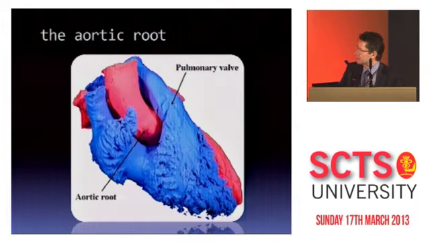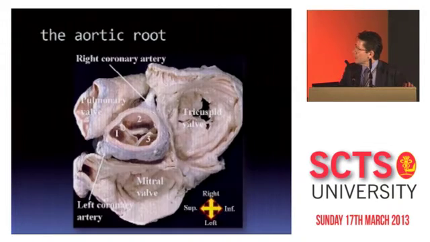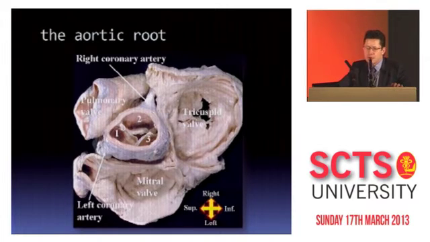As you can see, the aortic root is the centerpiece of the heart, as it were. It's hidden deep behind the pulmonary valve and right ventricular outflow tract, or the infundibulum. And this can be best seen in a cross-section at the level of the tricuspid and mitral valves, the AV valves.